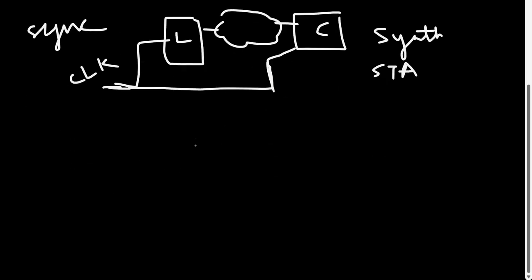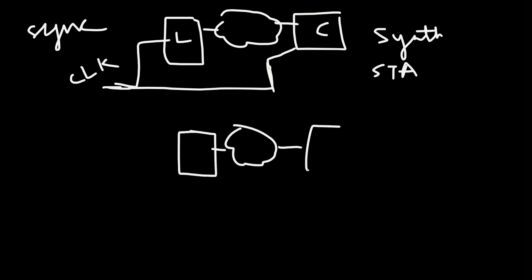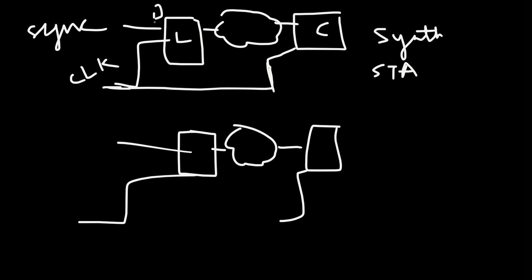That could also be the case where we have different clocks to both the flops. This is the data that is coming here and going here, and this is the Q pin.